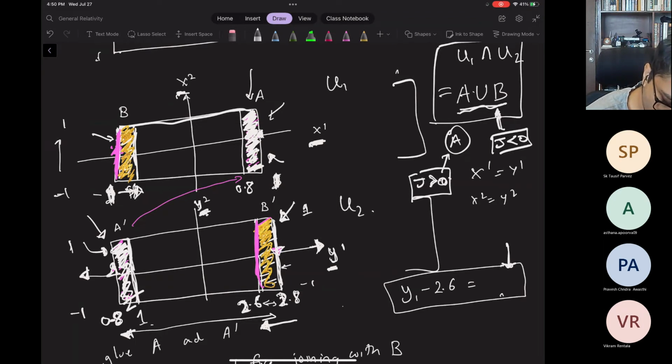So they're glued in exactly the same way. Is equal to, what do I want? x1 plus x1 and x1 minus minus 1.